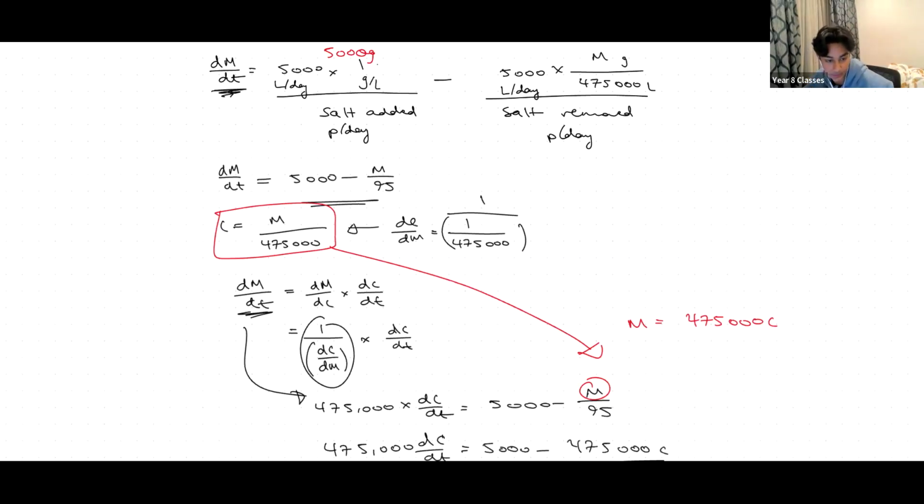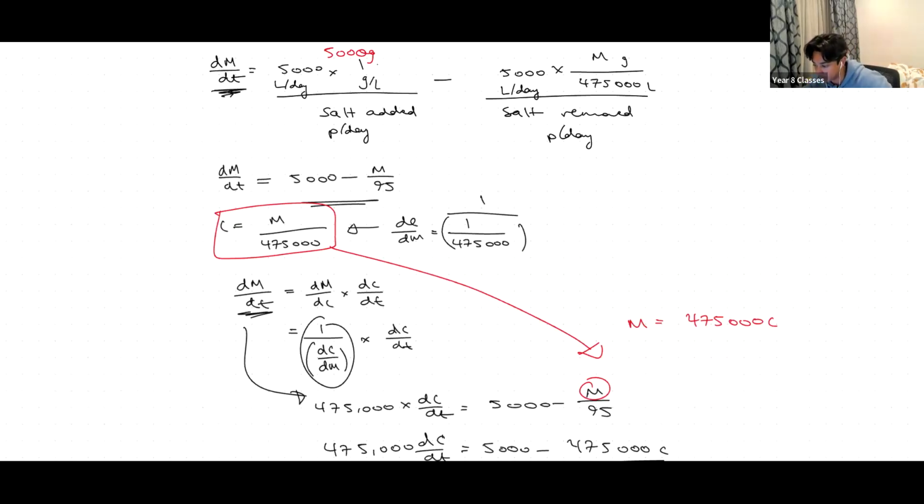Okay, and then let's see. From this, if we combine the fractions, combining this as one fraction, 5,000 times 95 you get 475,000 minus 475,000 C all over 95.